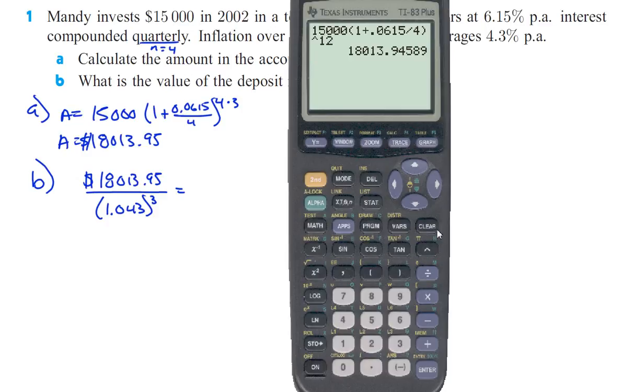So we're going to take 18,013.95, divide it by, let's do parentheses, 1.043 to the 3rd. Okay, it gives us 15,876.55.